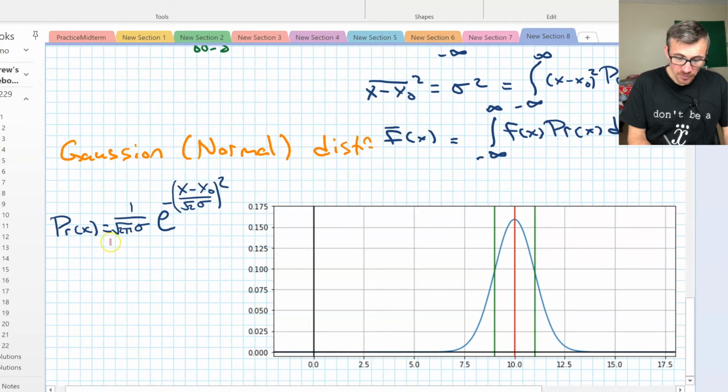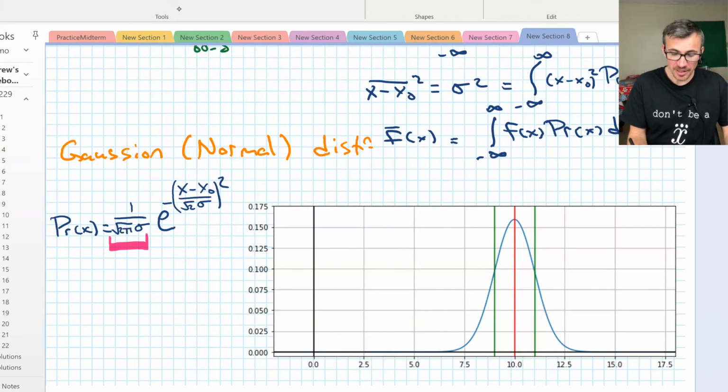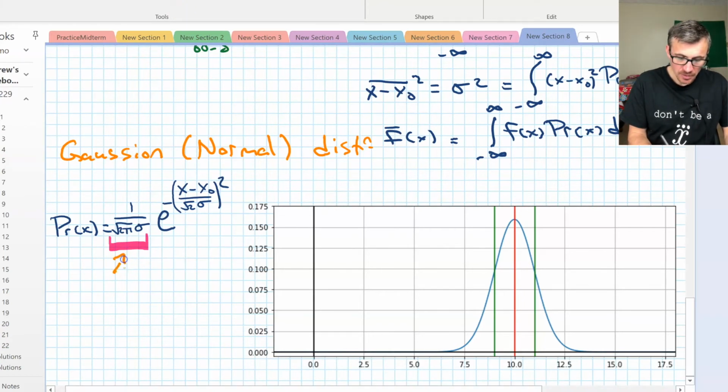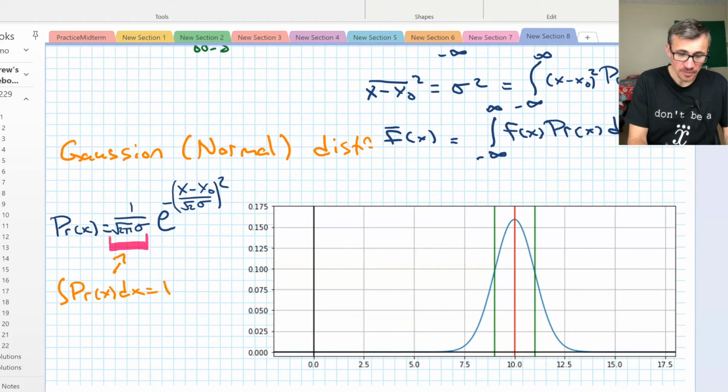First of all, it has this term, 1 over square root of 2 pi times sigma. That's for normalization, a fancy word meaning that if I sum up or integrate all the probabilities, this ensures that the integral is equal to 1. The probability of getting some value is always 100%. That's all that does. We're actually going to show that very shortly.